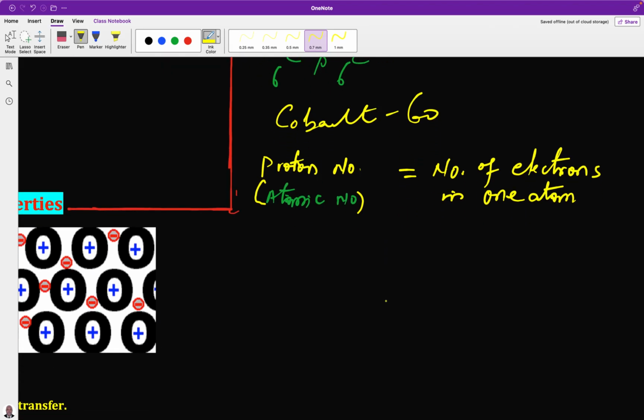Then we can find the number of neutrons.